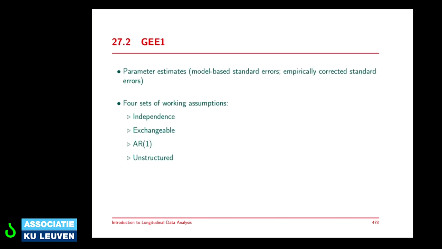to capture association. So first, we will consider first-order generalized estimating equations with its 2 sets of standard errors, model-based, i.e. naive, empirically corrected, i.e. robust. And here it's possible, it's consistent with the design, in other words, to consider the following working assumptions.